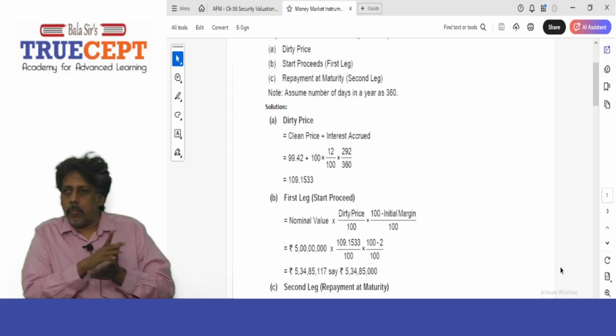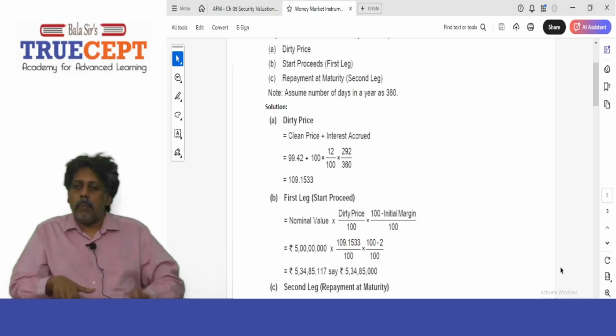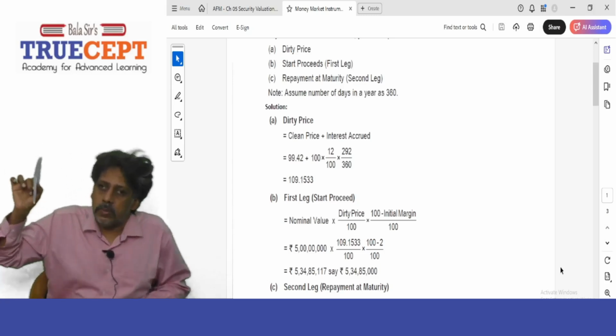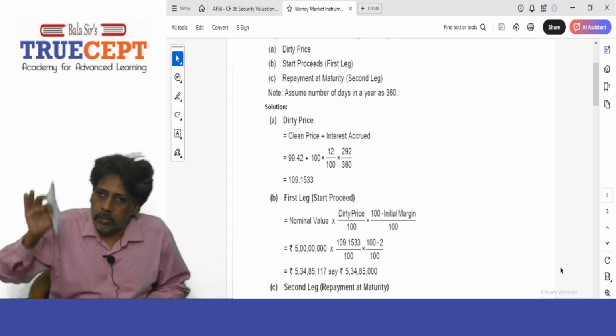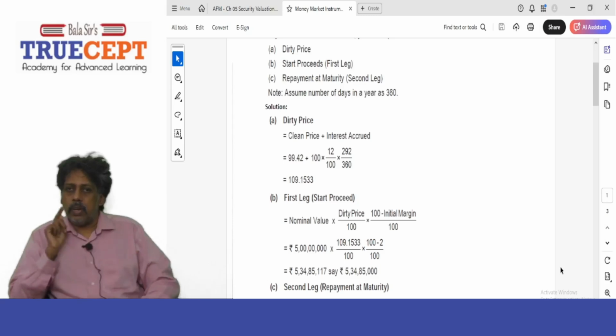In all, you get rupees 109.1533. That is supposed to be the dirty price, or the market value of these investments, including income accrued on them. It is rupees 109.1533 per bond. Got it? Yes, sir.